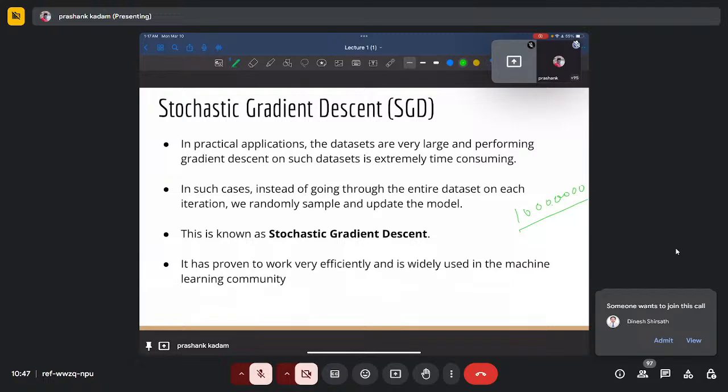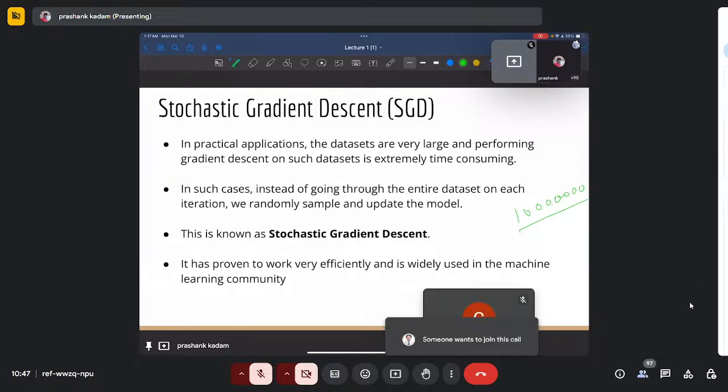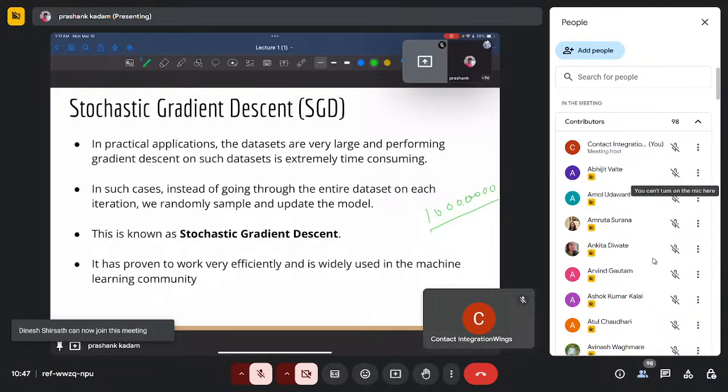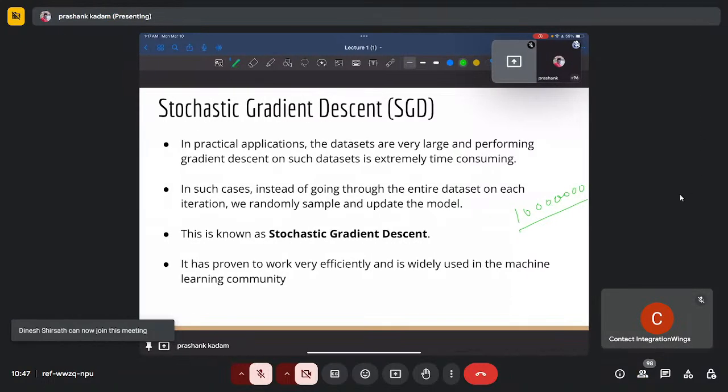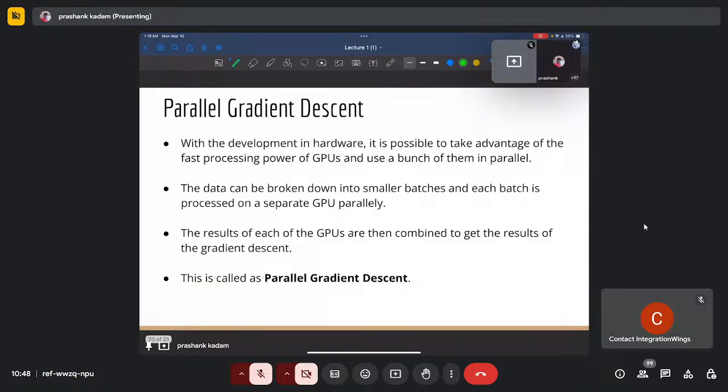So that's what stochastic gradient descent means. Although it might seem like we are missing out on a lot of data, it roughly encapsulates the distribution of the data, and it works pretty well. You might think, out of these 10 million, if I'm just sampling 100,000, will it really work? Yes, it does work for all practical purposes, and it's the most commonly used method.